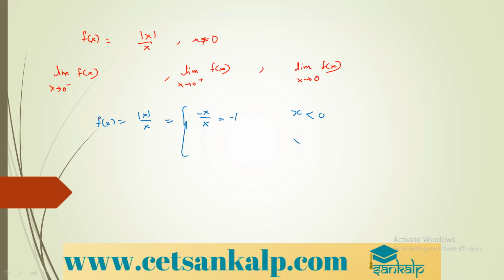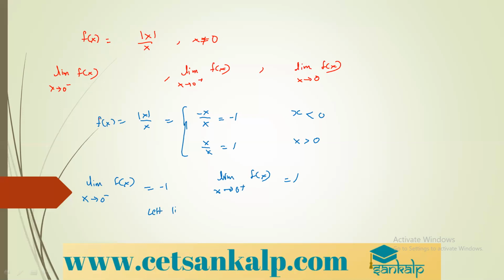But if x is greater than 0, then I will have x by x equal to 1. So when I take limit of f of x as x approaches 0 minus, I have to take minus 1. When I take limit of f of x as x approaches 0 plus, it is 1.